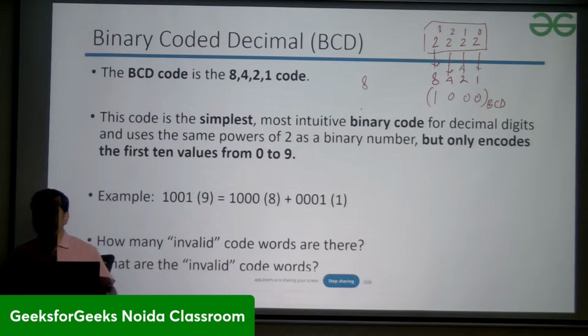Okay, it is binary coded decimal, so you have to be very clear that since it is the coding of the decimal number system, we cannot represent more than 9. Okay, so if any value is 10 or 11 or 20, that is invalid BCD. All right, so if I write, let's say 1010, is it BCD?